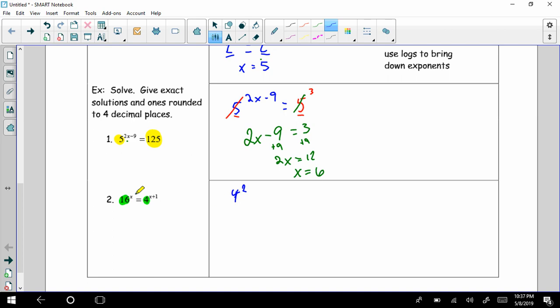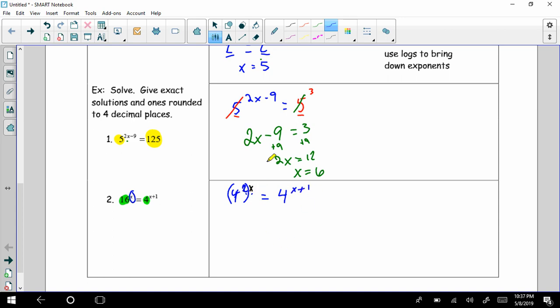Now, this x is already in the exponent position, so that has to stay there. I'm going to do it in a different color. So 4 squared to the x. If you have multiple terms, you would want to put this in parentheses, and you have power to power and multiply. And then over here we have 4 to the x plus 1.